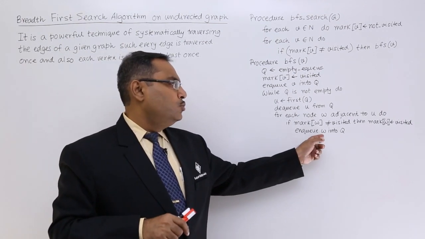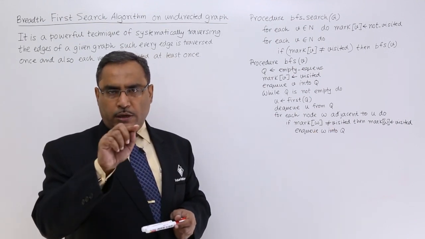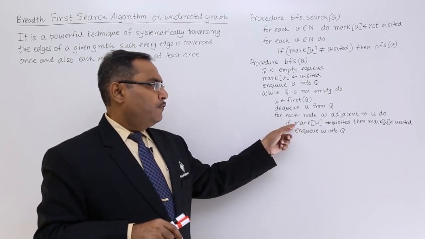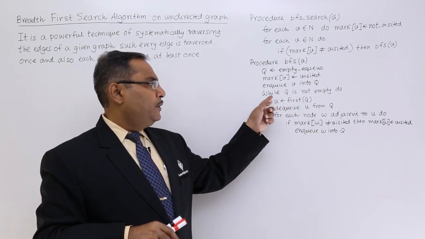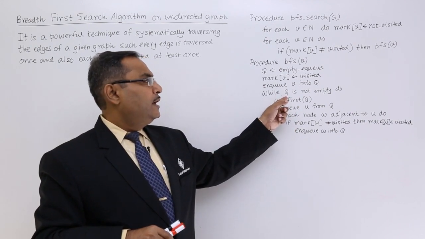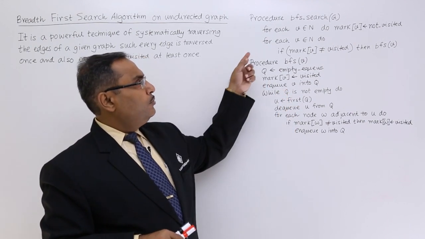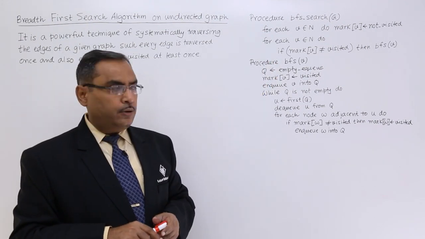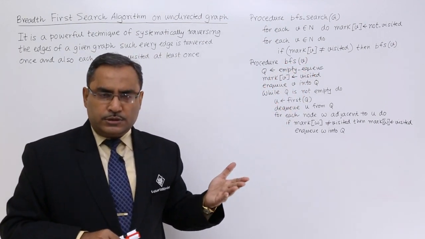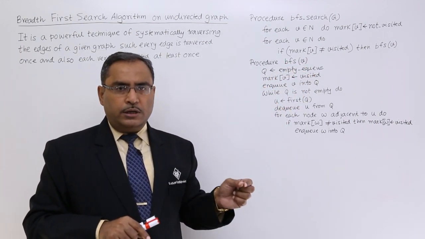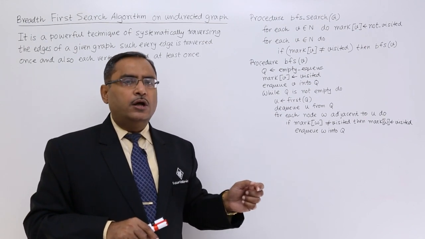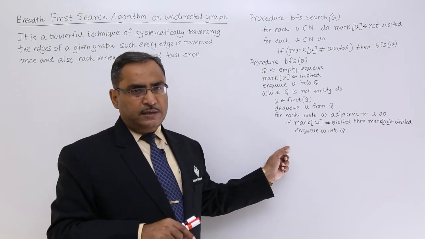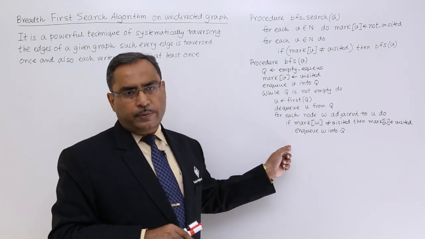And NQ W into Q, so that particular W has to be inserted at the rear end of the Q. This process will be continued for each and every adjacent node, until the Q is empty. When the Q becomes empty, the control will return to the BFS search G algorithm, and it will check whether any other nodes are pending whose mark location still contains not visited. Then with that particular node, the procedure BFS will be called again.